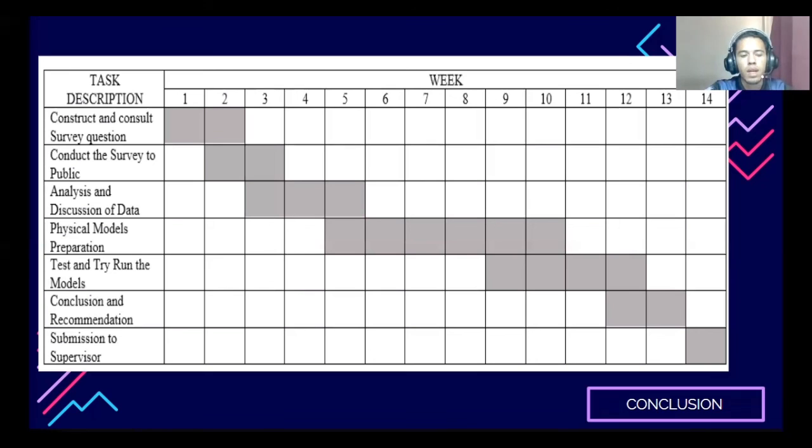After analyzing and discussing the responses, the next major part is the preparation of the physical models in lab scale size. After the models are ready to be used, a set of tests and trial runs need to be done. Last, the conclusion and recommendations, maybe for future work on the same project.